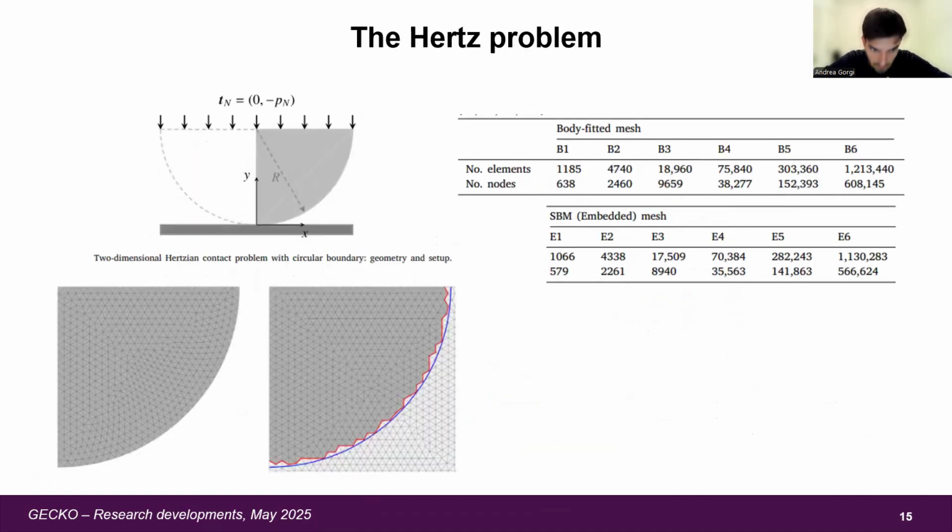So we can see some applications, for example, with the classical Hertz problem of a deformable cylinder pressed against an undeformable barrier, and we will compare the solution obtained with 6 different meshes with a standard FEM code and 6 different meshes with the shifted boundary method, both with the mixed formulation, so with degrees of freedom for the strains, and a primal formulation with just the degrees of freedom for the displacement field.